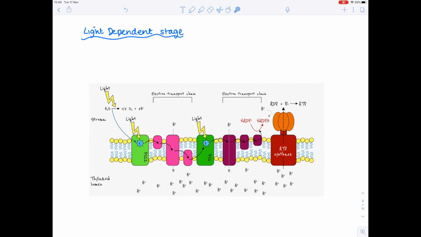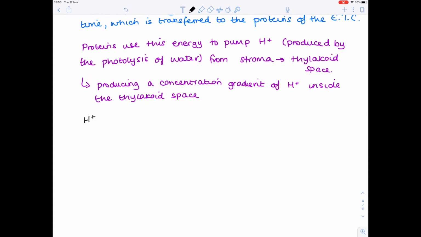And because we have that concentration gradient, naturally they'll want to move back into the stroma, and they're going to do that using an enzyme, which we can see over here called ATP synthase. So hydrogen ions pass back across the membrane through an enzyme called ATP synthase.